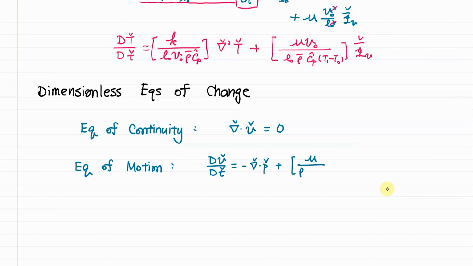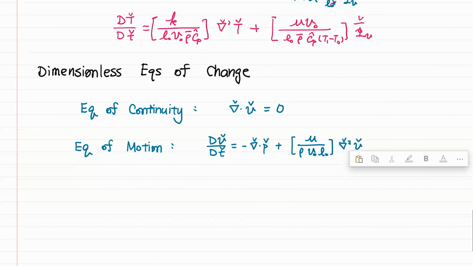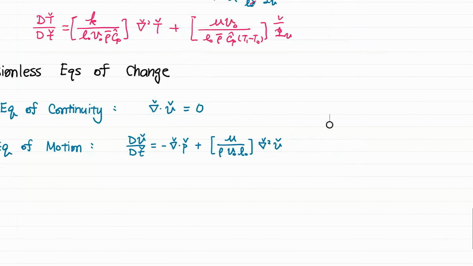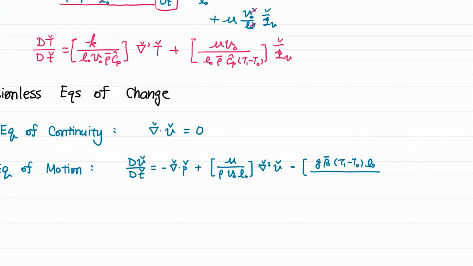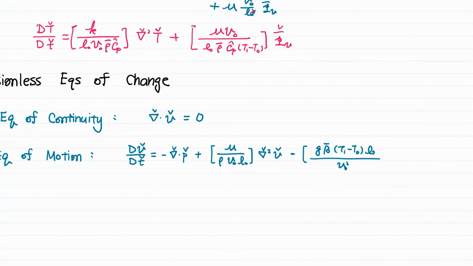We have rho, V naught, L naught times the dimensionless Laplacian of the dimensionless velocity. And then we also have a buoyant term. Again, the coefficient is g beta T1 minus T naught times L naught over V naught squared times T minus some reference T.